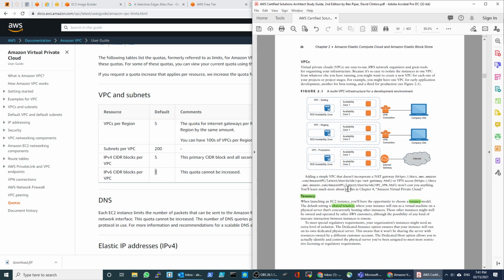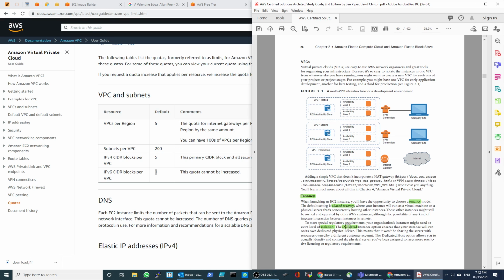They don't want a shared tenancy for their servers, where your instance runs as a virtual machine on a physical server that concurrently hosts other instances. Those other instances might well be owned and operated by other AWS customers. To meet special regulation requirements, your organization's instances might need an extra level of isolation.